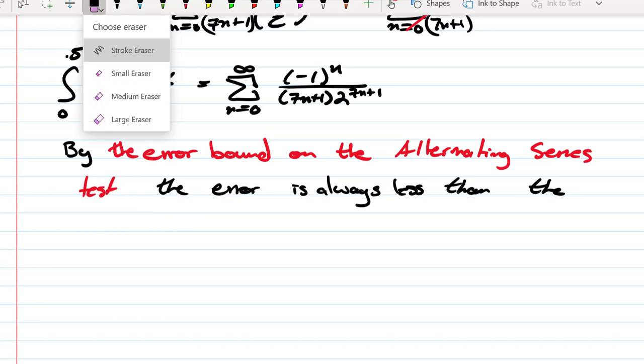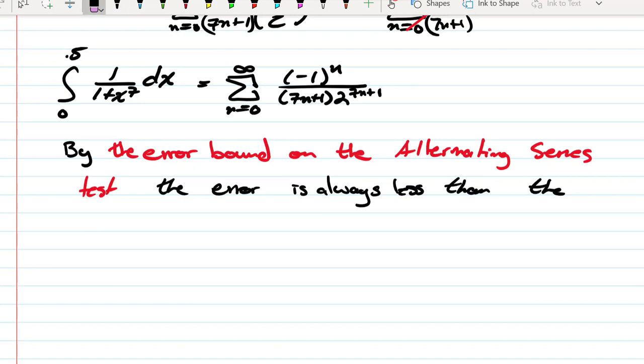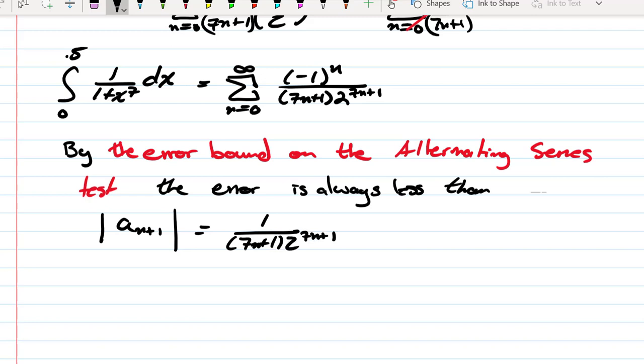Let's just do it this way. Less than the absolute value of a n plus 1. So the absolute value of a n plus 1, the negative 1 to the n is going to be positive 1. So it's going to be 1 over 7 times n plus 1 times 2 to the 7n plus 1.